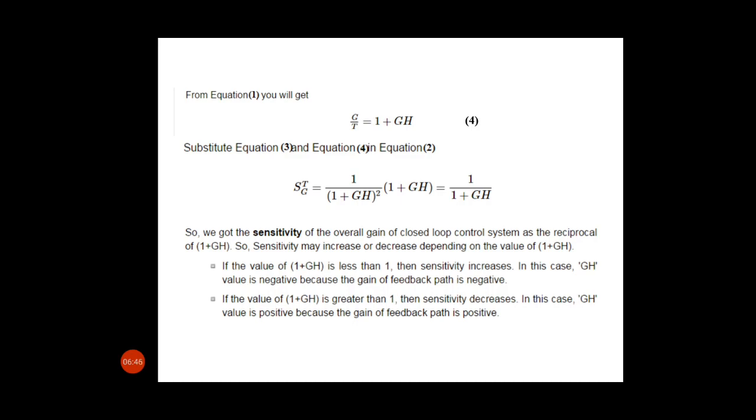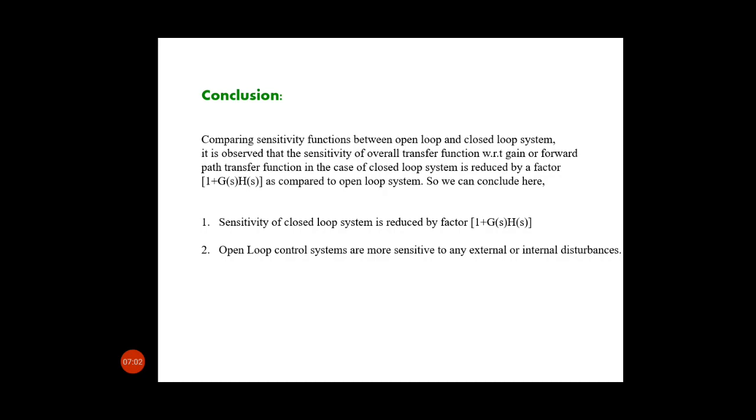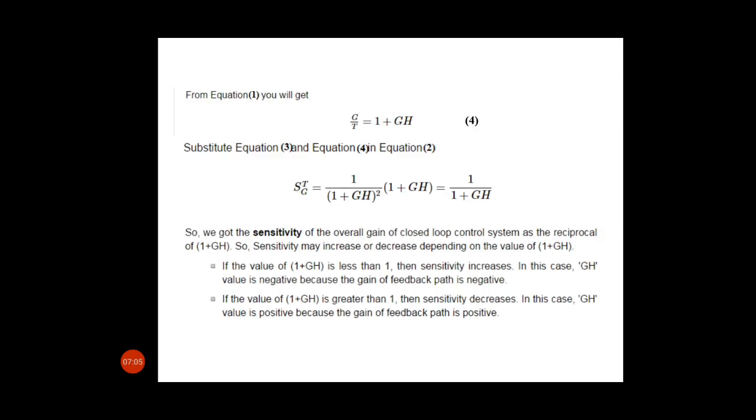If GH value is positive, then the denominator is going to increase, therefore the total value of sensitivity is going to decrease. If this GH is increasing, sensitivity is going to decrease. If this GH is decreasing, sensitivity is going to increase.